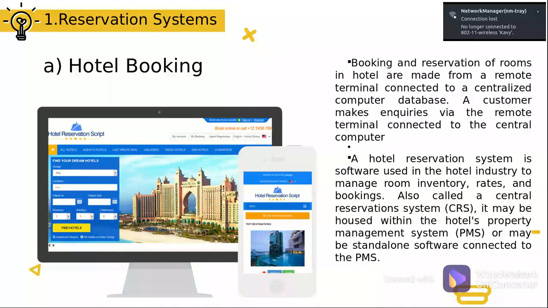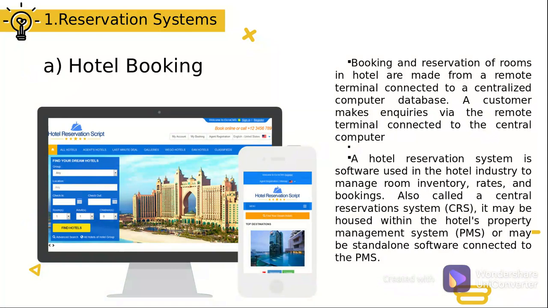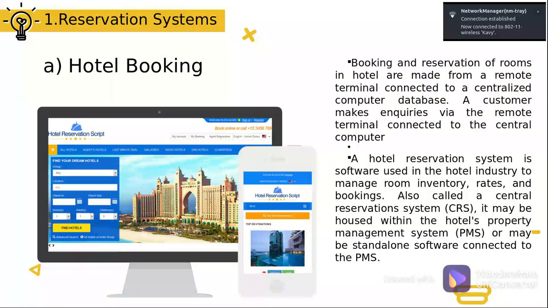A potential guest contacts a hotel for availability of the desired type of accommodation or any other services that the hotel offers. After which, the front office department of that hotel reacts to the inquiry that has been made by the guest.